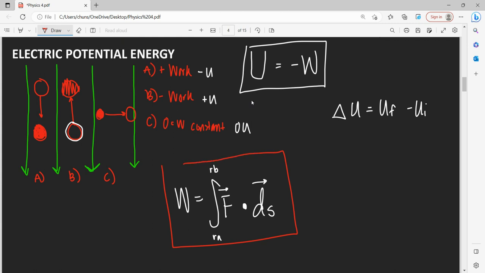And the reason we integrate is because this helps us when we're traveling along diverse paths. So that allows us to add up each individual component.